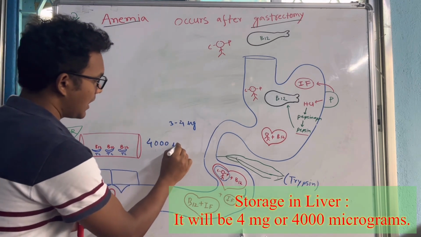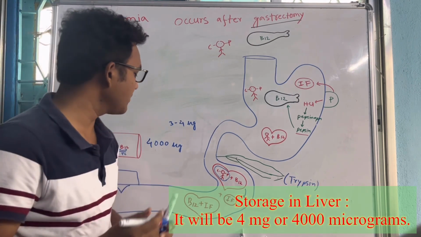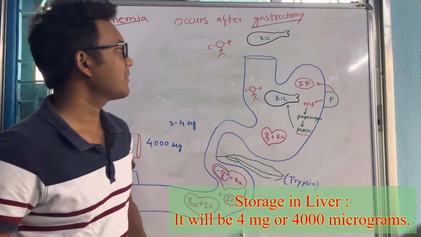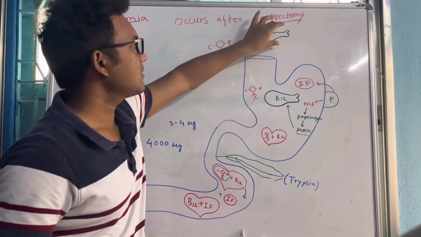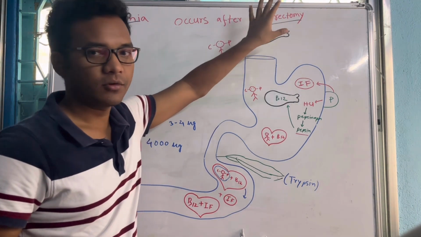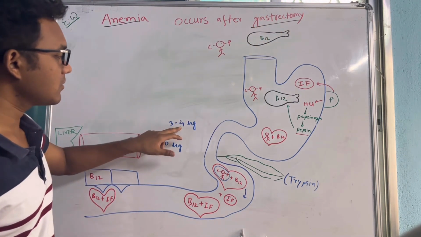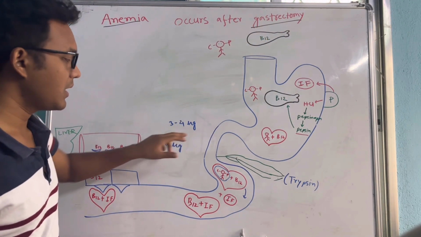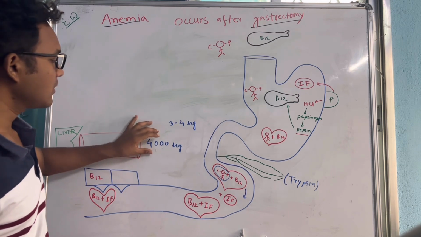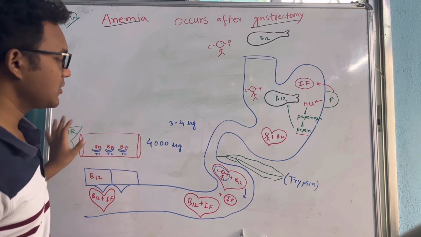Now I can calculate an easy math. Suppose a patient stops vitamin B12 containing food. The daily requirement is 3 to 4 microgram and the storage in his body is 4000 microgram.